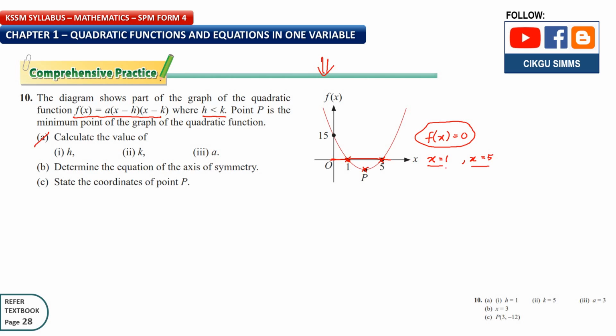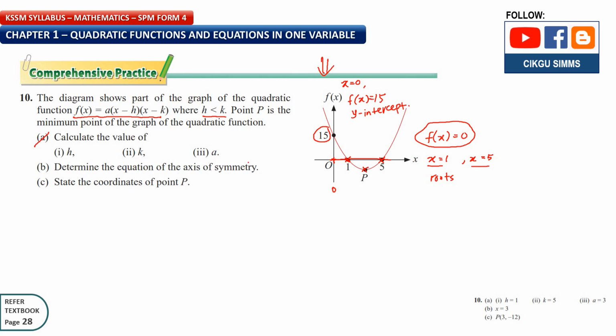So these 2 points are called the roots, or the x-intercept. Okay, and then this 15 is the y-intercept. This is when my x is equal to 0. Okay, so when x is equal to 0, my fx is equal to 15. And this value is called the y-intercept.